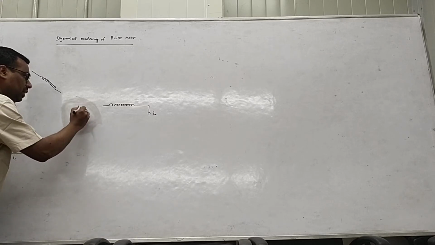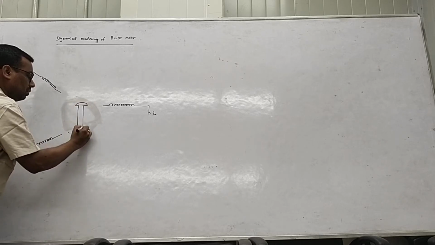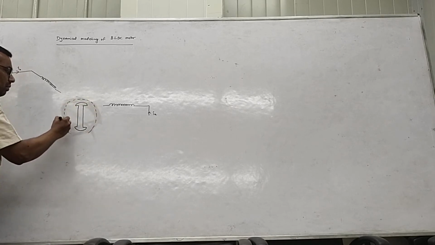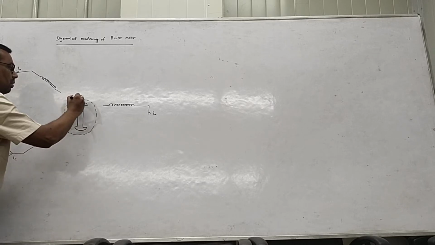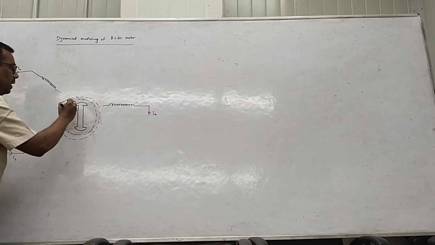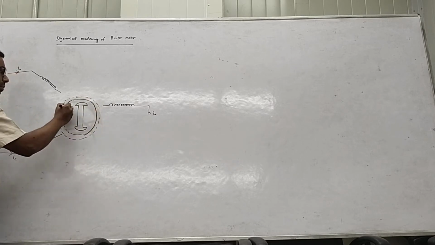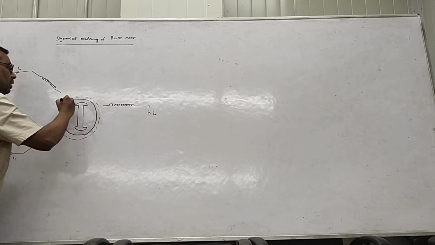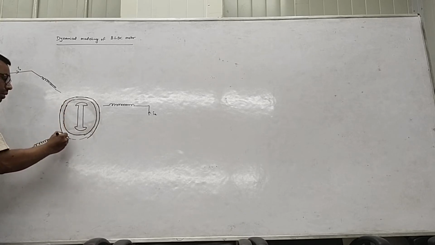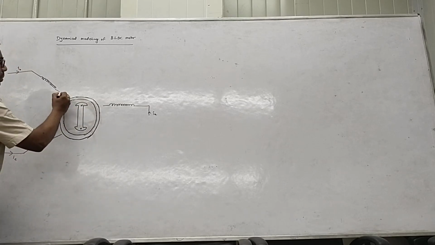Let's assume this is the north pole and south pole. So this is the rotor, the permanent magnet rotor, with north pole and south pole.